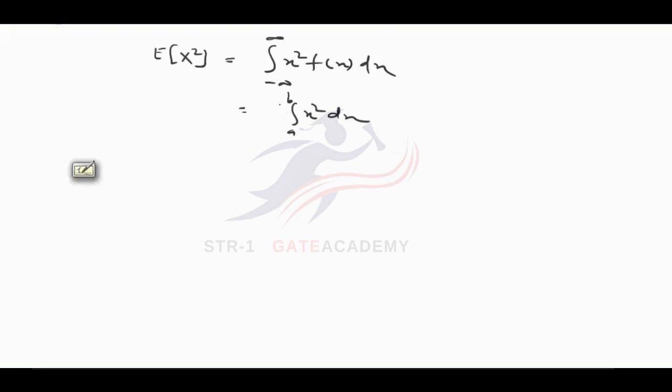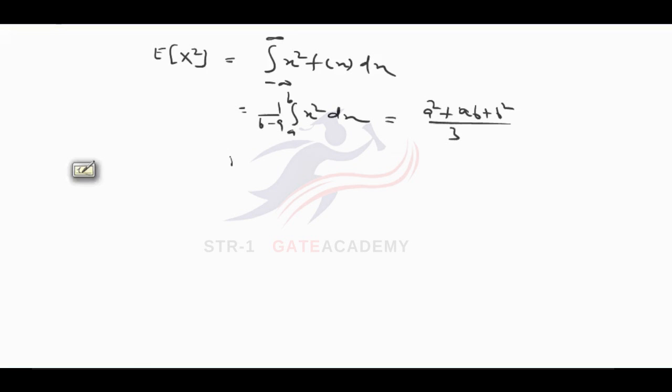In the same manner we can calculate mean square: integral of x square f(x) dx from minus infinity to infinity. By putting values, a to b, x square dx upon b minus a. By solving this expression we get the result a square plus ab plus b square divided by 3.